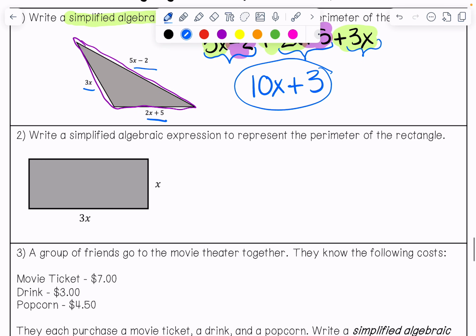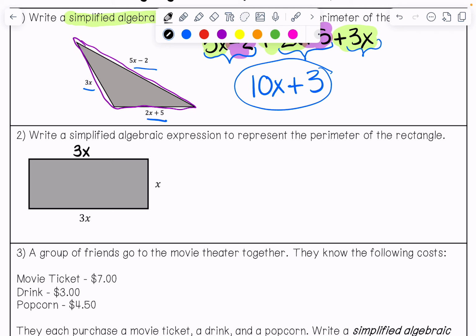And number 2, write a simplified algebraic expression to represent the perimeter of the rectangle. Again, the perimeter is going to be the distance all the way around our shape. Because this is a rectangle, I'm given 2 sides, but if the bottom length is 3x, then that means the top length is 3x.